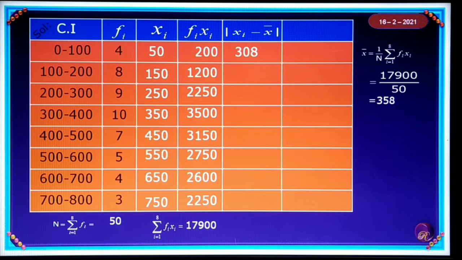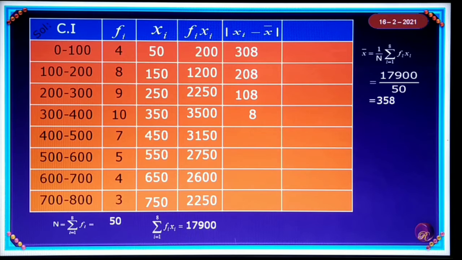Absolute value of 150 minus 358 is 208. Absolute value of 250 minus 358 is 108. Absolute value of 350 minus 358 is 8.